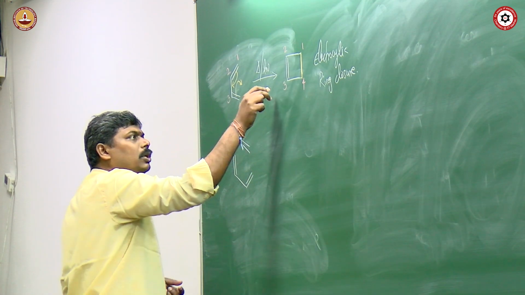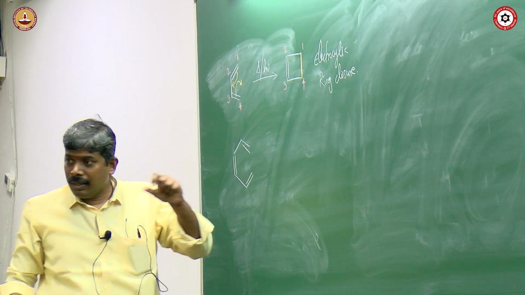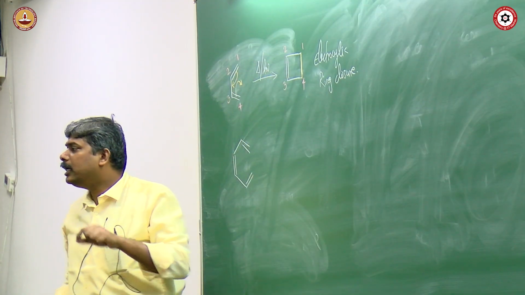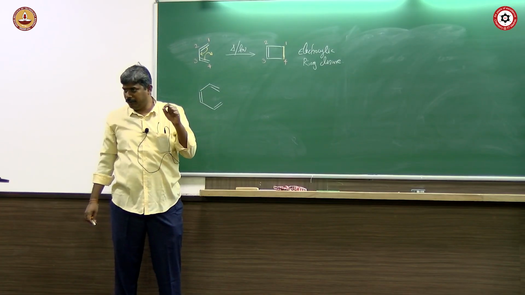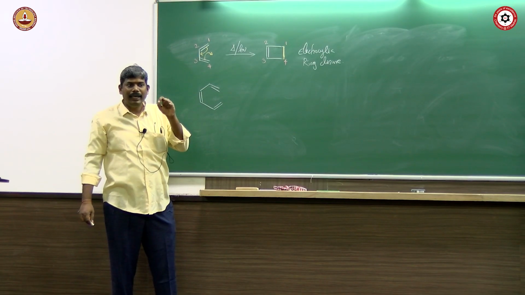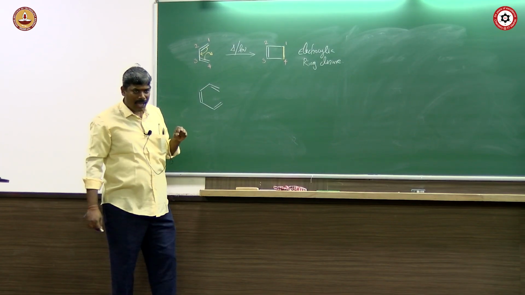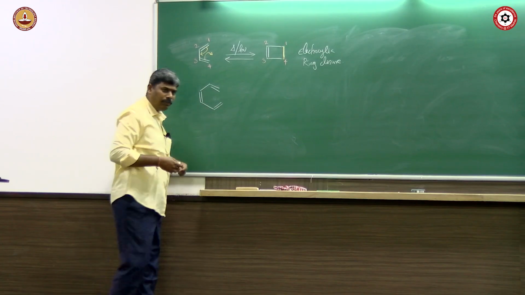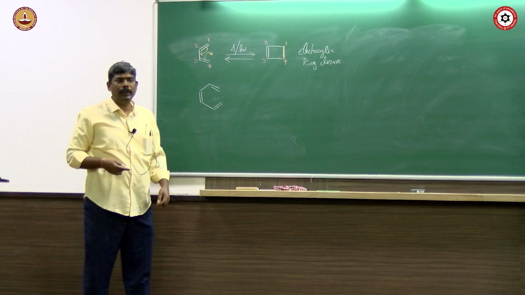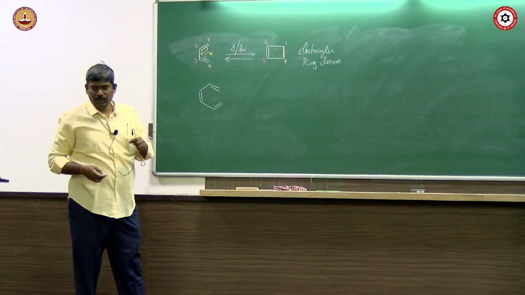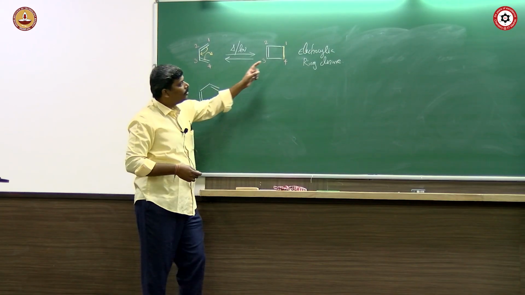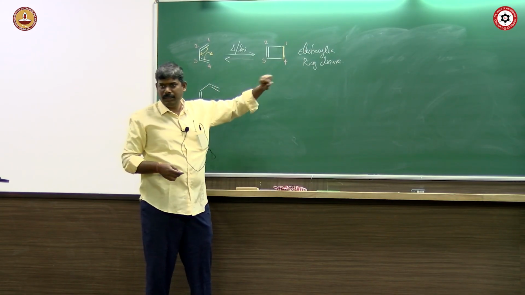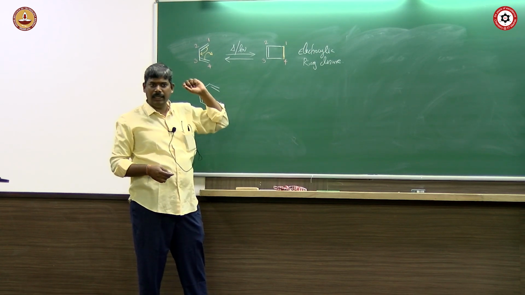If you have in any system this kind of framework, a cyclobutene, in your molecule, then it can open up and go back to a butadiene, because these reactions are reversible. That is called an electrocyclic ring opening. The reverse reaction is called an electrocyclic ring opening.